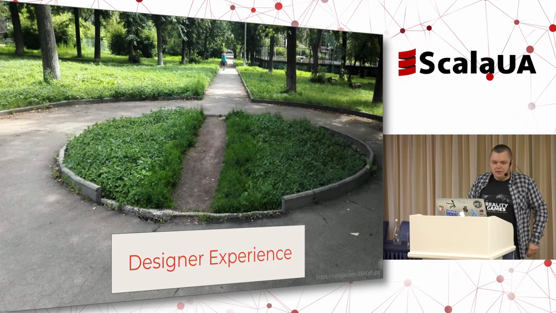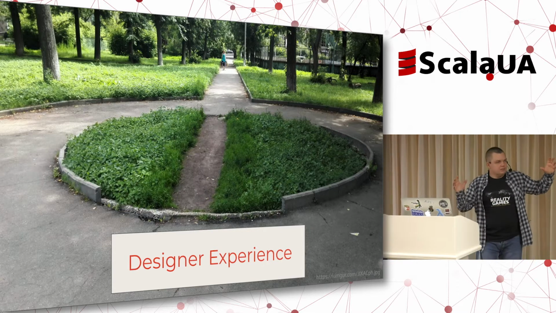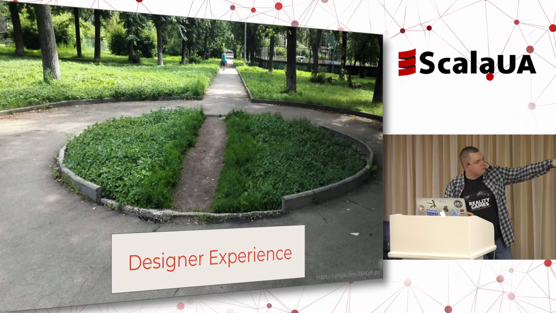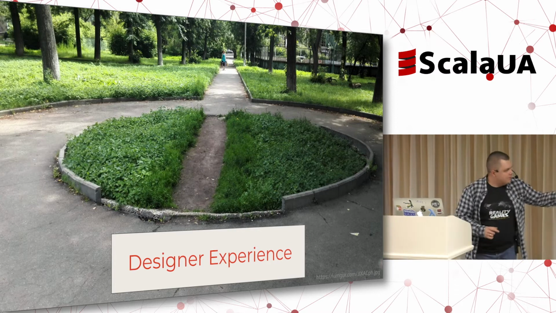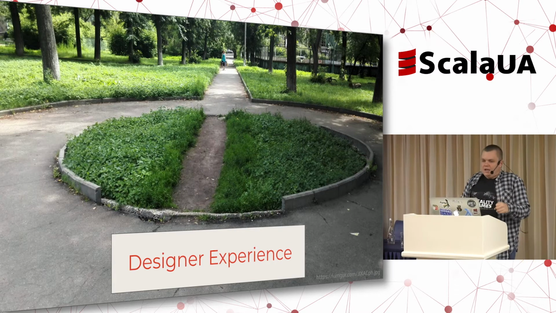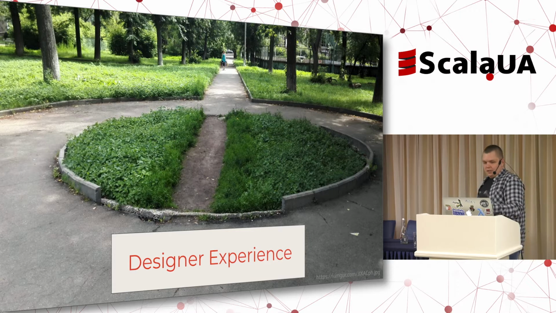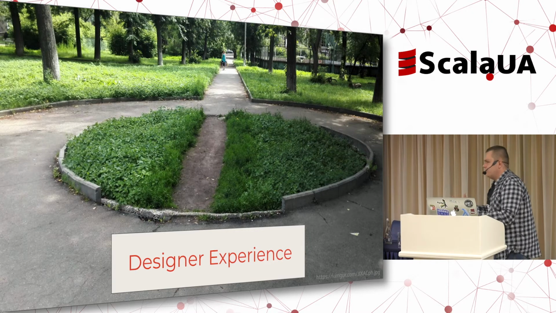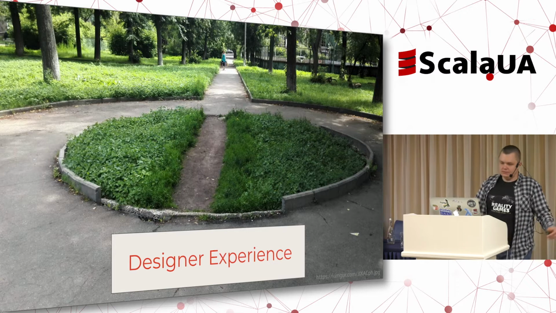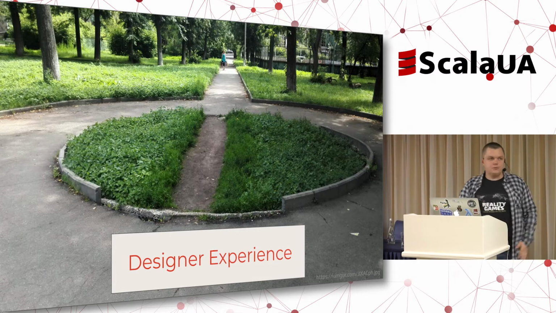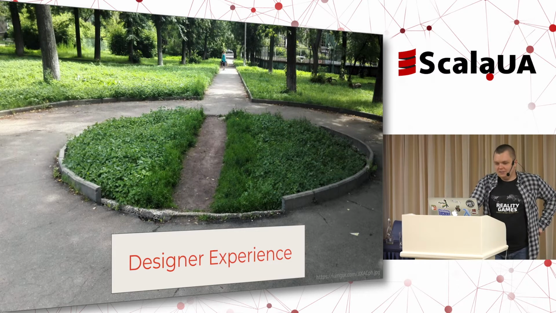So we are designing this park, and we designed this little circle spot in the middle of the pavement. But then real life kicks in. People start using that park, and some of those people are in a rush, and they take shortcuts, right? And the whole park experience deteriorates for everybody else using that park. And of course, it infuriates the landscape designer.